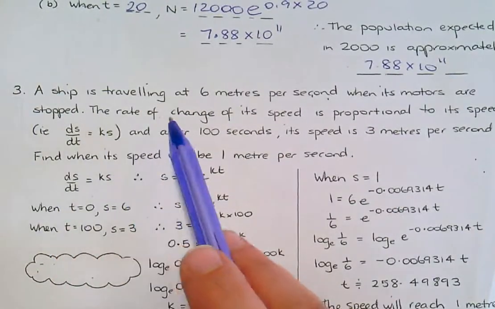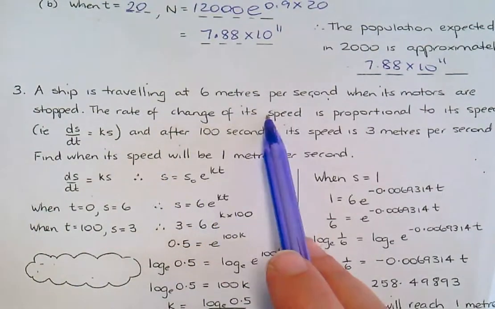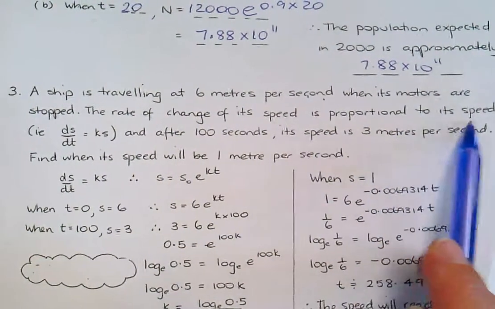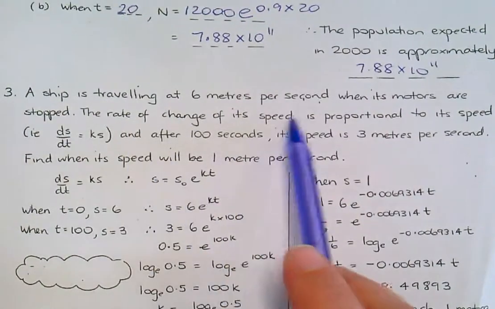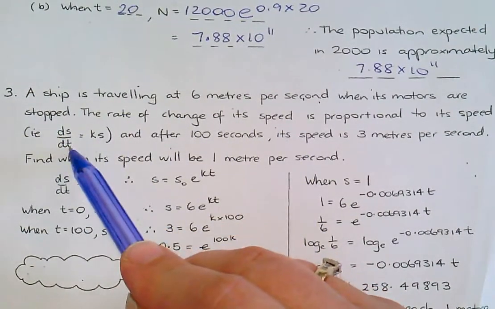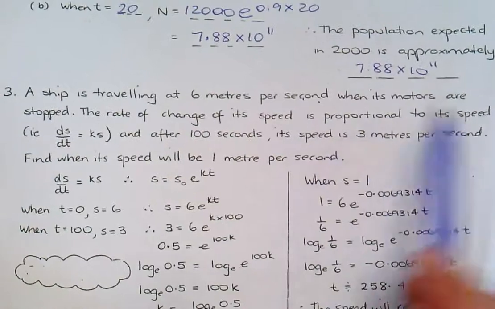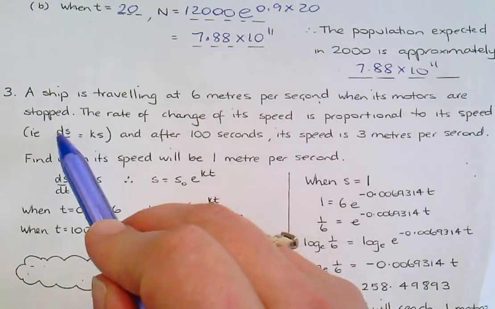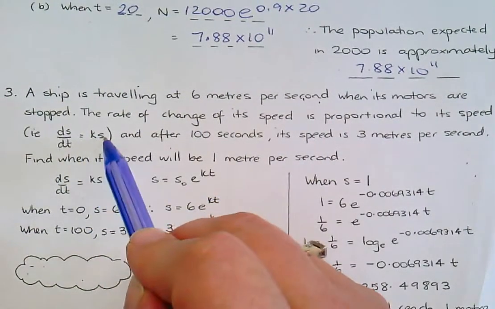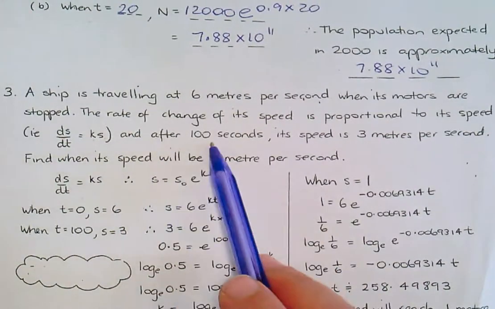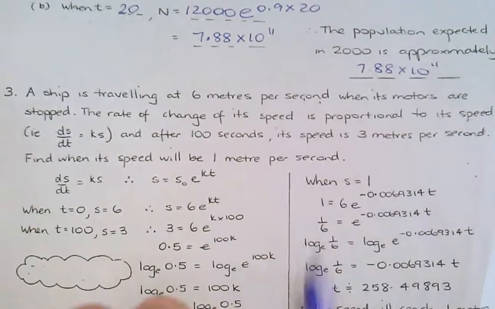The rate of change of its speed is proportional to its speed, so ds dt is proportional to its speed. When you're given a statement like that, you write ds dt equals a constant times the speed. And after 100 seconds, its speed is 3 metres a second.